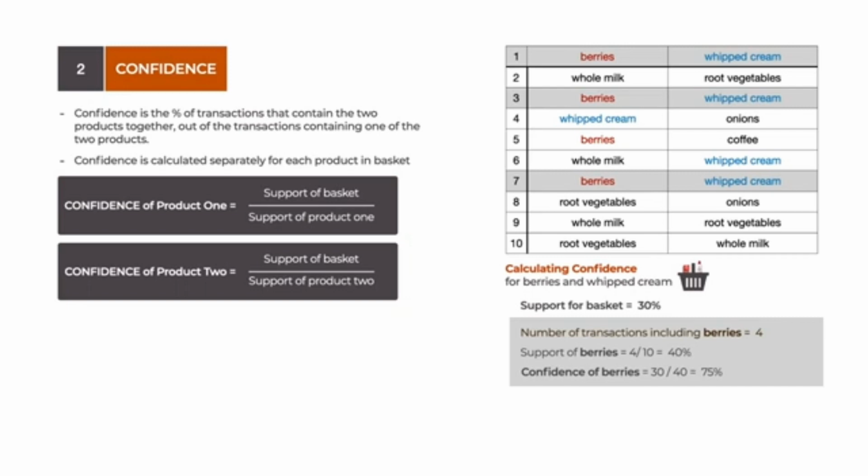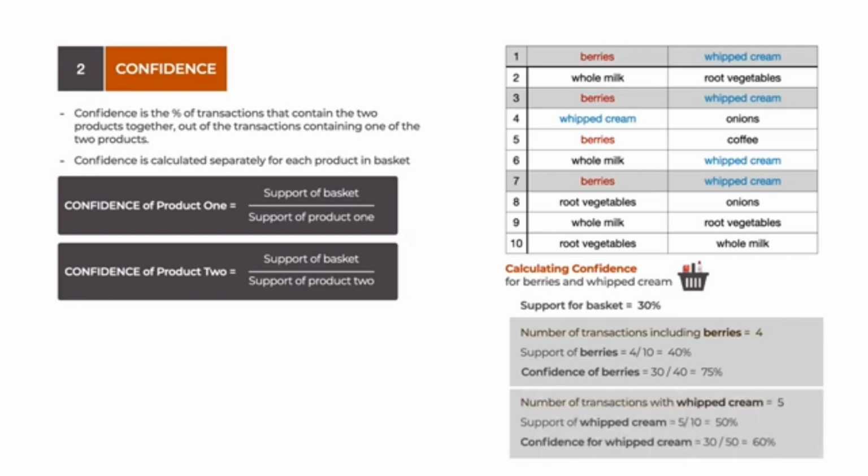Next, let's calculate the confidence of berries. So it is equal to support of the basket divided by support of berries, which is 30 divided by 40, which is equal to 75%. And in a similar way, we can calculate the confidence of whipped cream, which will be equal to 30 divided by 50, or 60%.